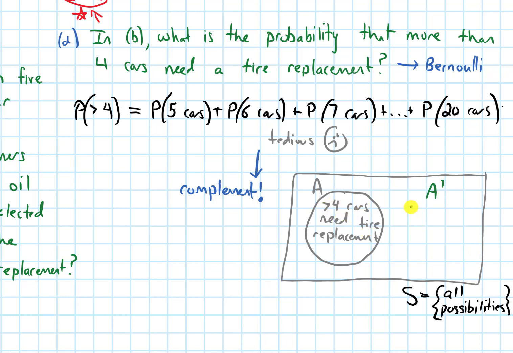It would be less than or equal to 4 cars needing a tire replacement. Let me just write tire replaced. One thing to be super careful about is that the complement of greater than 4 is not just less than 4. It's less than or equal to 4.